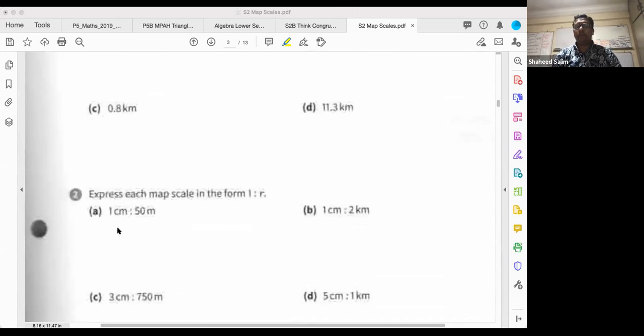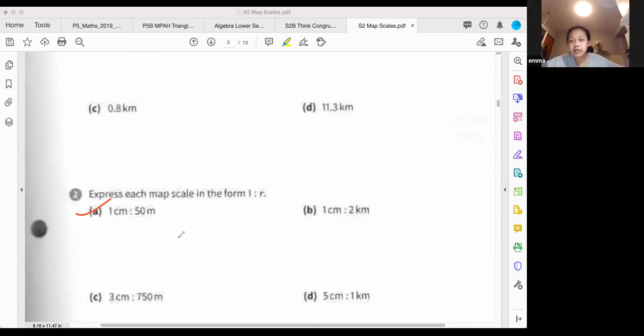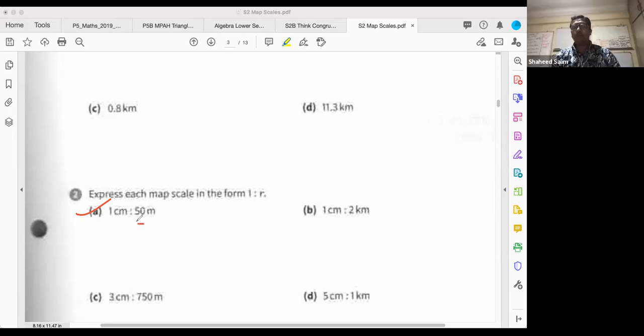So you change this to cm. 50 meters, how many cm? 5,000. So the ratio, the scale, is like that. When you change to the same unit, you can drop the units.